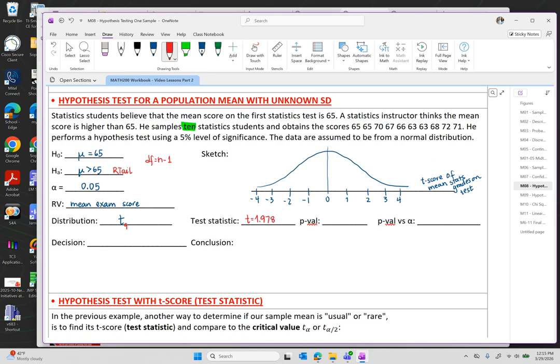So somewhere close to 2. 1.978. I should have been a little closer to 2, but it's fine.